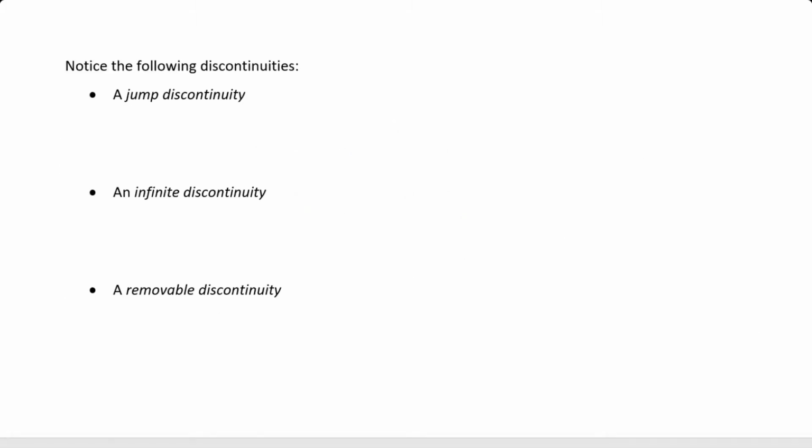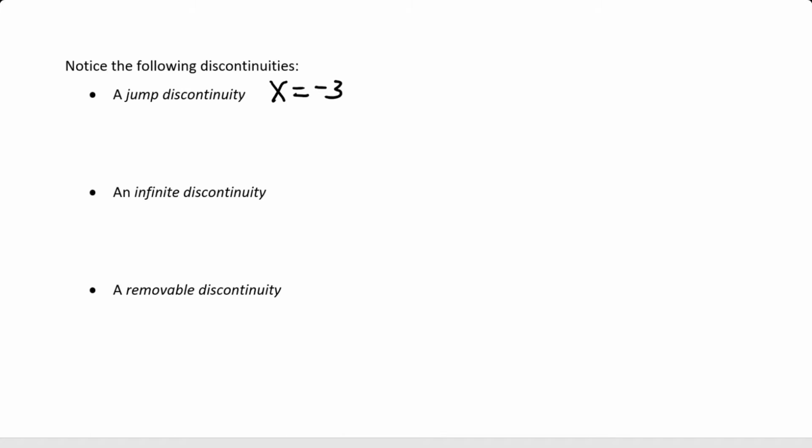There are 3 types of discontinuities. The first one I want to talk about is a jump discontinuity. In the previous exercise, we have a jump discontinuity at x equals -3.